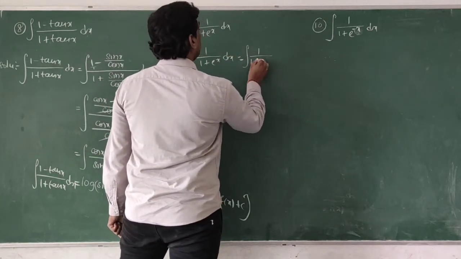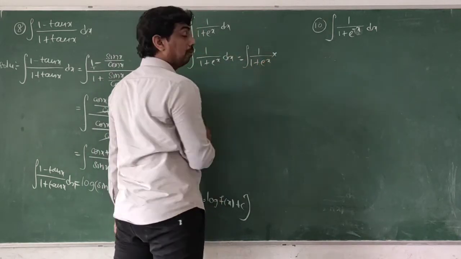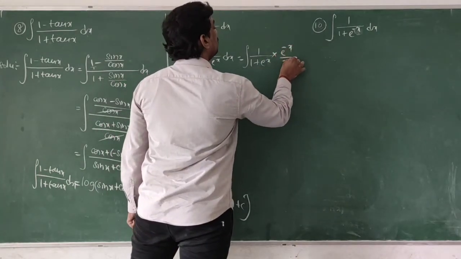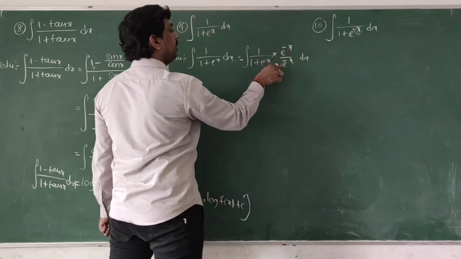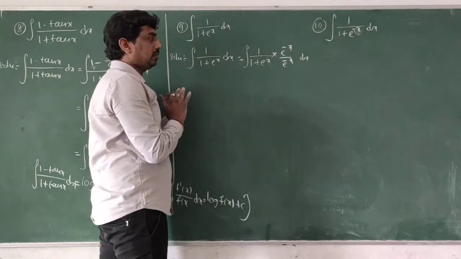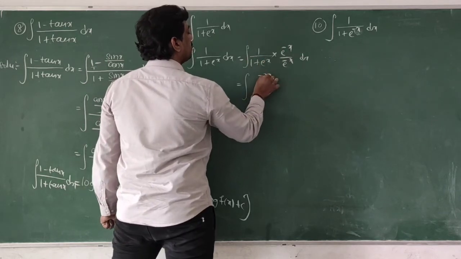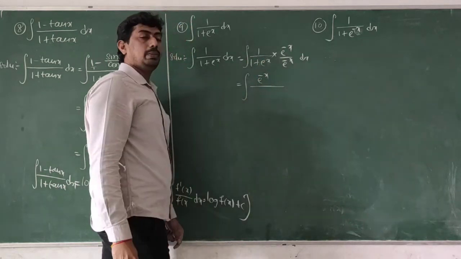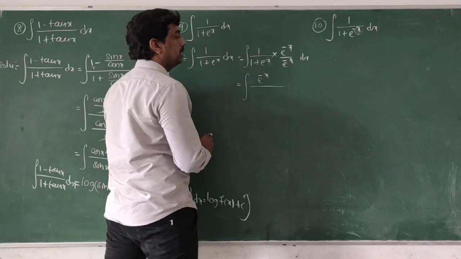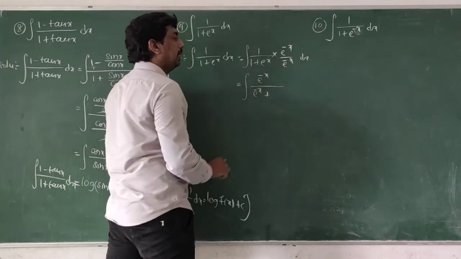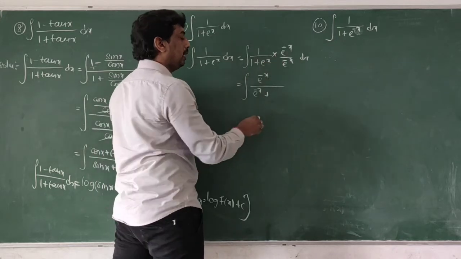1 by (1 plus e power x) multiplied and divided with e power minus x. If you multiply and divide with the same value, there is no change in the previous term. Now 1 into e power minus x is e power minus x. In the denominator, 1 into e power minus x plus e power x into e power minus x.